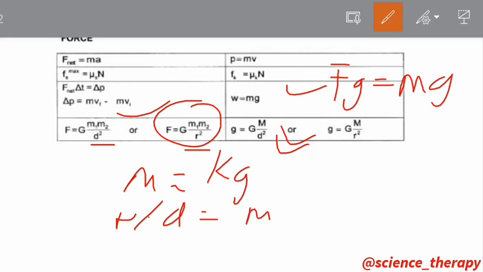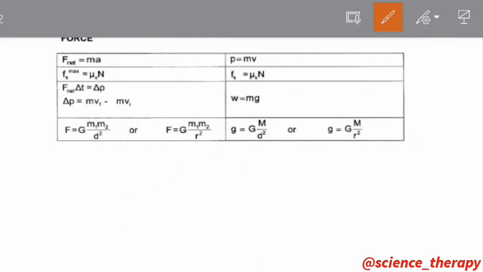But you will see with other questions they will be given in kilometers, because here we are dealing with greater distances, right? But in our formula we must always substitute our radius or distance in meters. So every time we are given kilometers, we have to remember to convert that to meters.